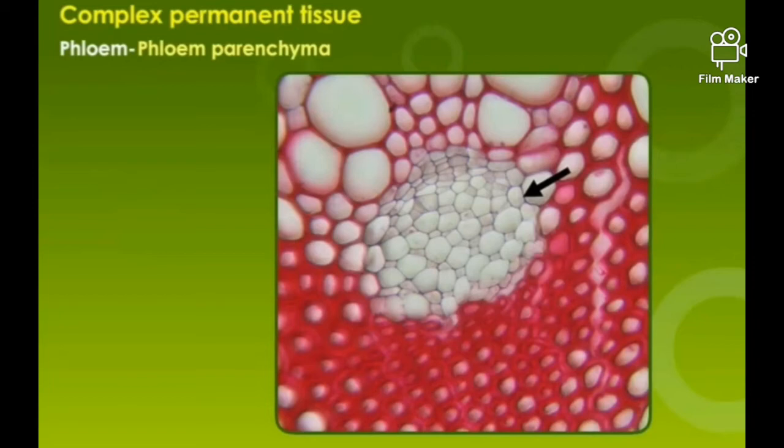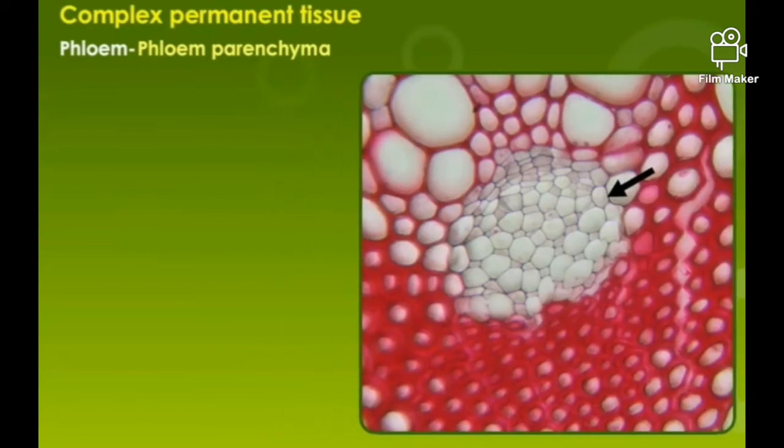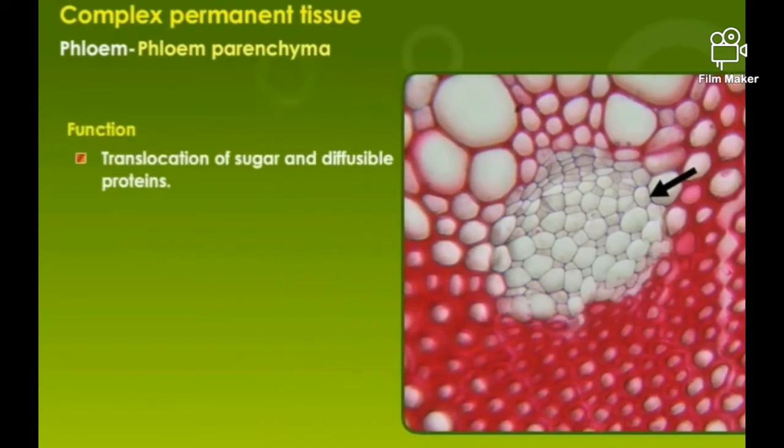Phloem parenchyma. The parenchymatous cells found in the phloem form the phloem parenchyma. These are vertically elongated cells with granulated protoplasm, vacuoles, and nucleus. They are found in dicotyledons, pteridophytes, and gymnosperms. It is absent in monocots.